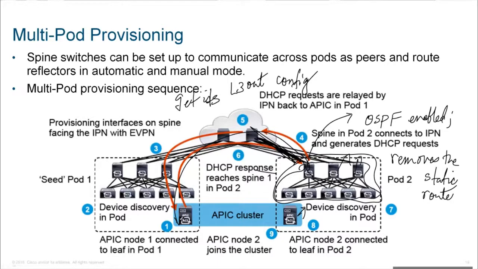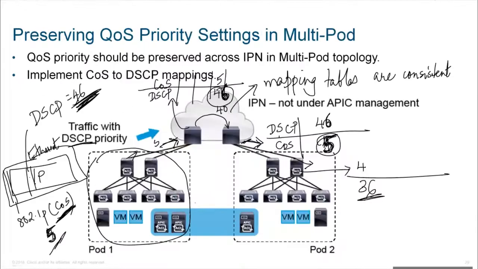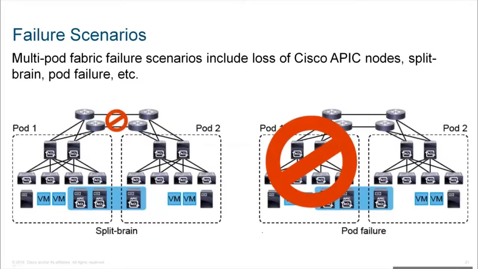That's kind of what happens, and you've got to take care of some of these requirements. That just shows you that you need to provision for the QoS. As far as the design for multi-pod fabric, it's kind of like the same as what we saw in a stretched environment.